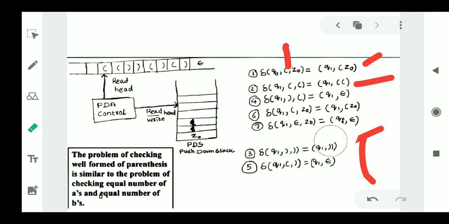And the next one is, if the input symbol is a right parenthesis and the top of the stack is a left parenthesis, a different input symbol is encountered, so pop the left parenthesis from the stack. And if the top of the stack is Z0, it gets accepted by the final state.